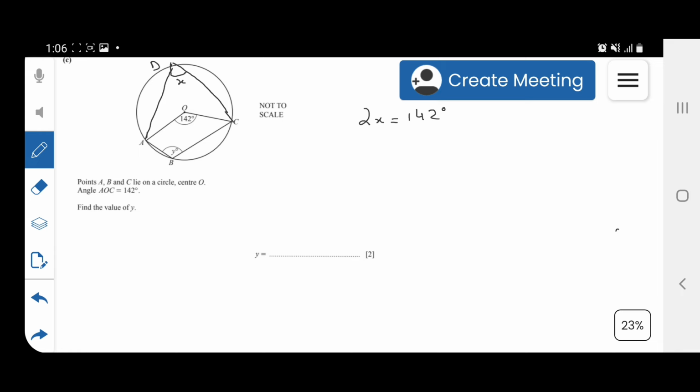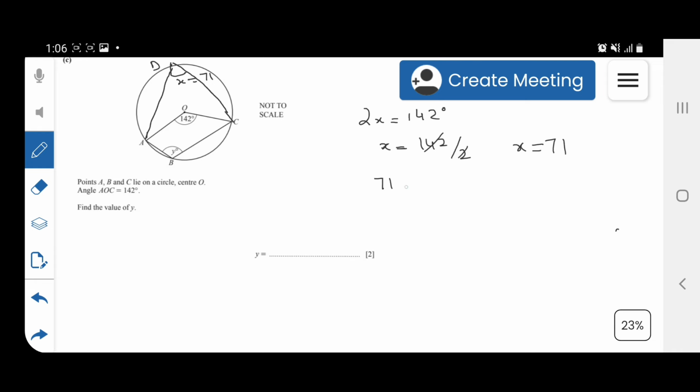Now just solve it to find X. So X equals 142 divided by 2, and just by cancelling it, we can say that X equals 71. Now this one is 71 and this one is Y. So we are now using another theorem which says that opposite angles of a cyclic quadrilateral add up to 180 degrees.